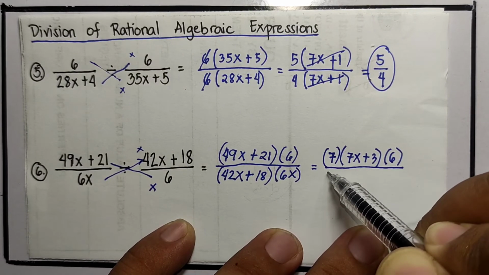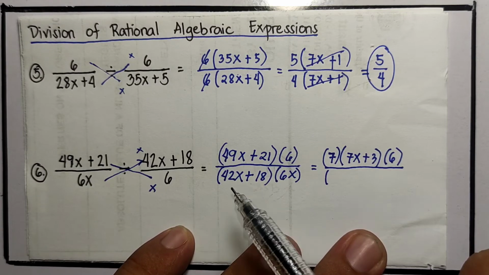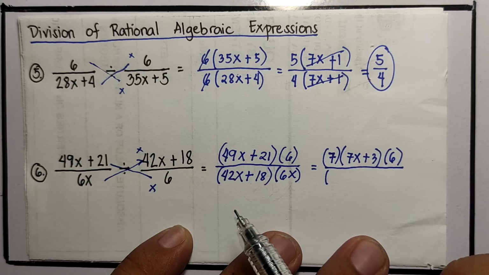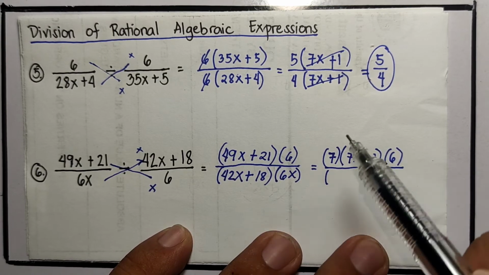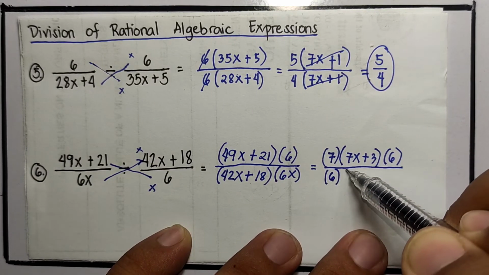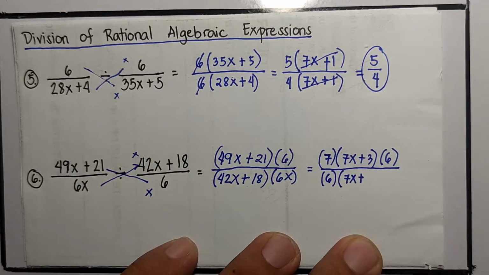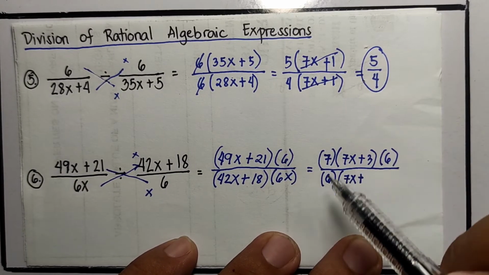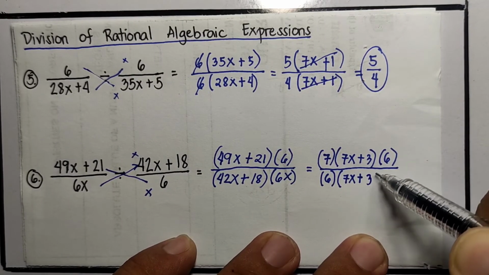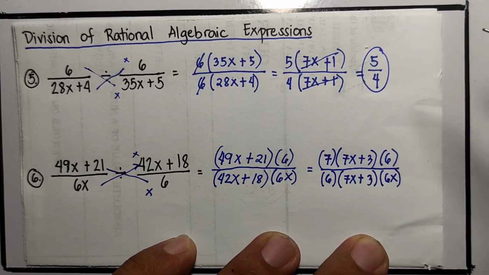For 42x plus 18, their common factor is 6, so we have 7x plus 3 then times 6x.